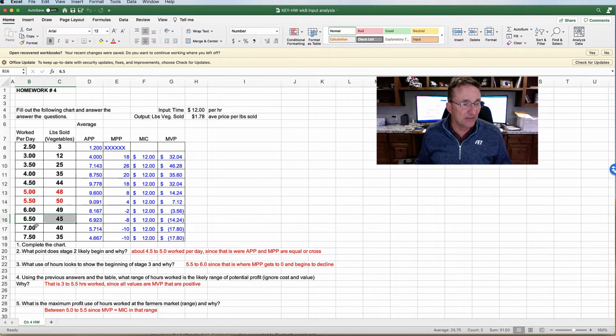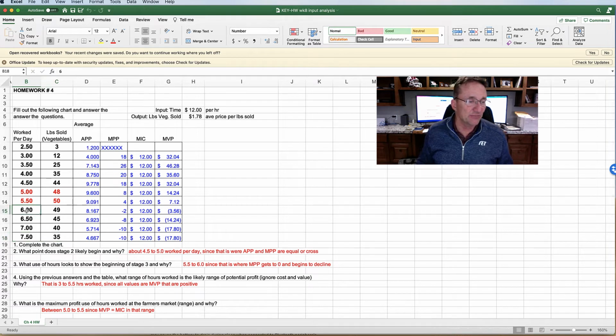And in fact, if they keep working, production continues to drop. So if you're just looking at this from a logical standpoint, you would never really use any more than 6 hours in a day because you actually have a decrease in production. So your answer is somewhere between 2.5 and 5.5.